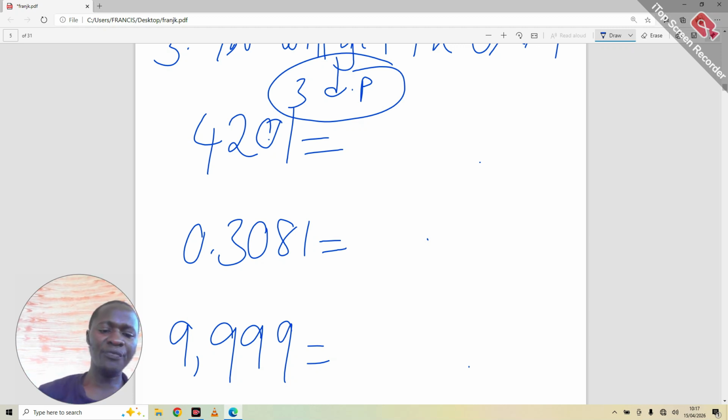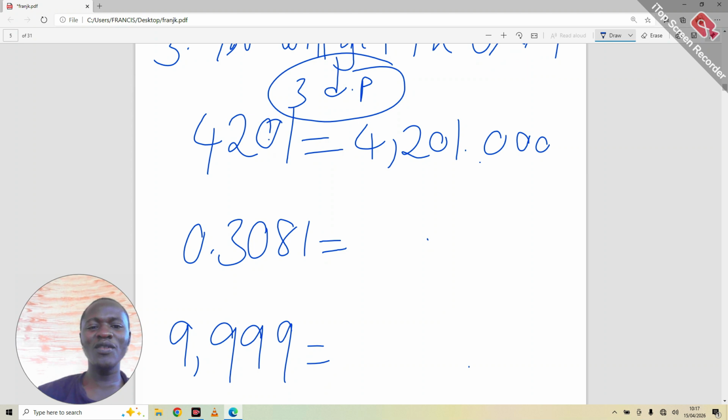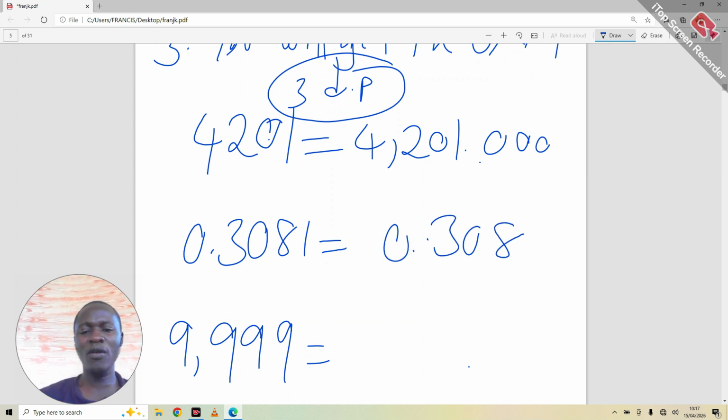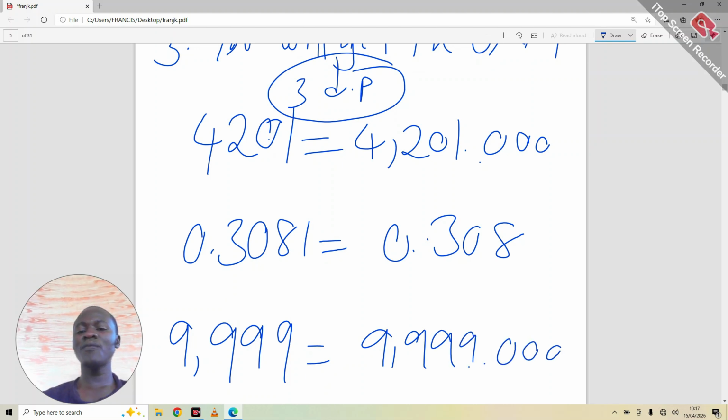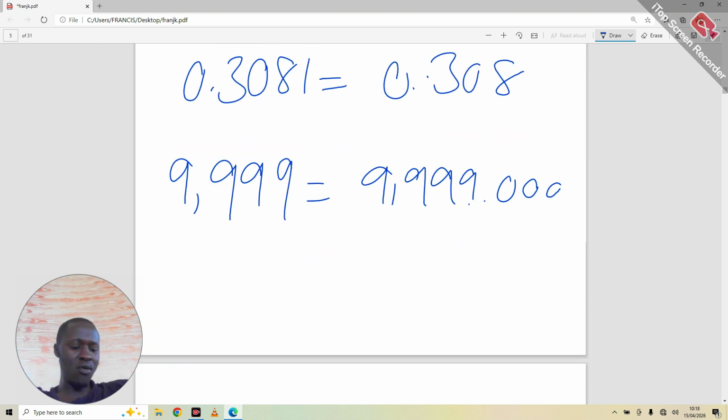Our answer will be 4,201.000. How about this, 0.3081? 0.308. How about this? 9,999.000. You can try out other numbers or more examples from your book.